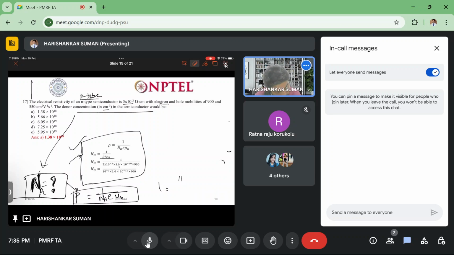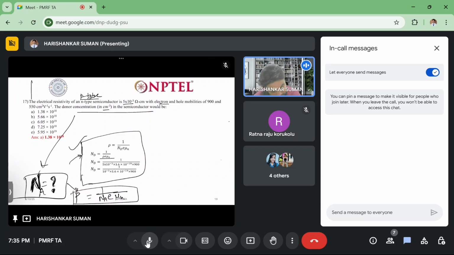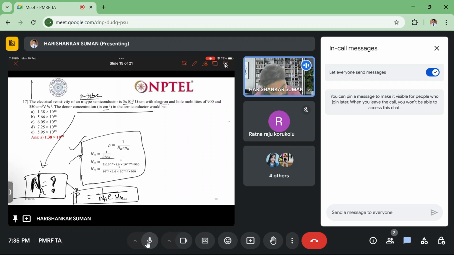But if the semiconductor is intrinsic, then you have to use doping concentration, and you cannot use a single relation.